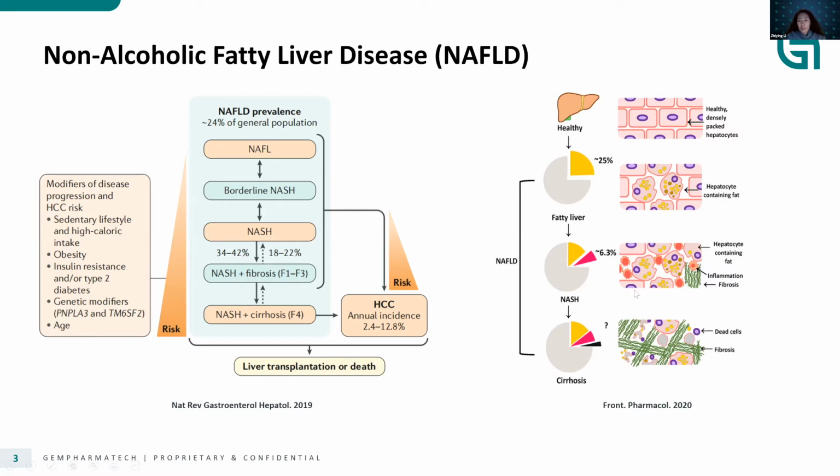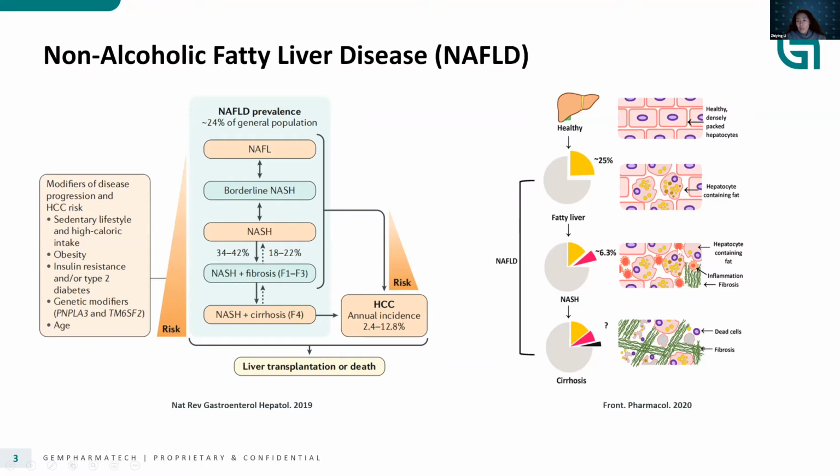And here on the right side is a cartoonish illustration of how the progress of this disease in particular can affect or alter the morphology of the liver cells. So we start with very beautiful, well-aligned cells in the liver. And once the fat accumulation starts, it's going to accumulate in the cell.